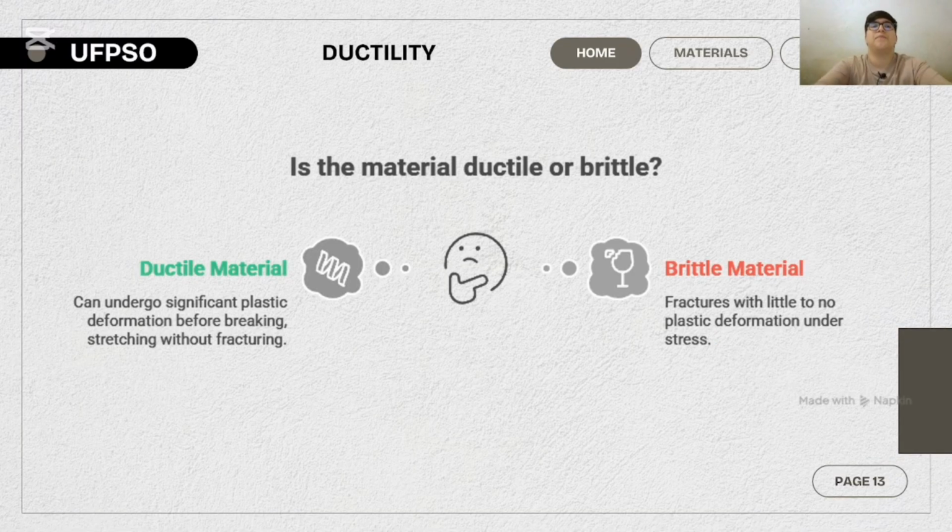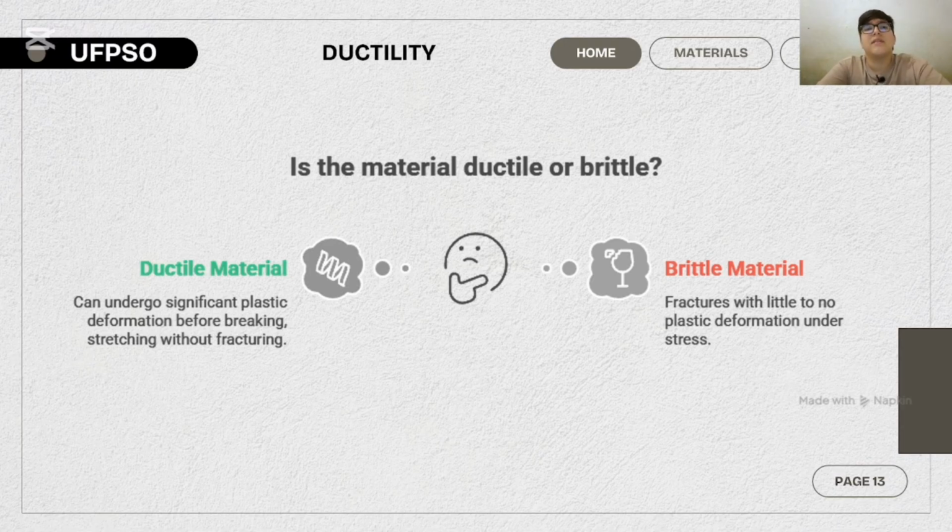And ductility. Ductility is the mechanical property that describes the ability of the material to undergo plastic deformation before breaking. A ductile material can elongate or significantly change its shape before fracture.